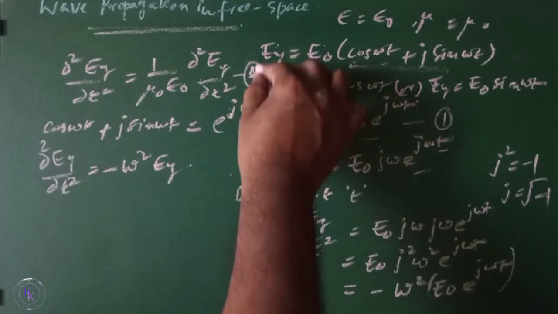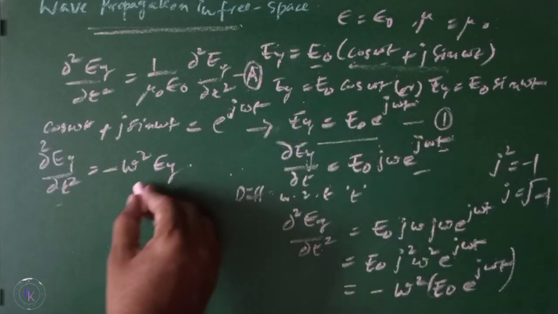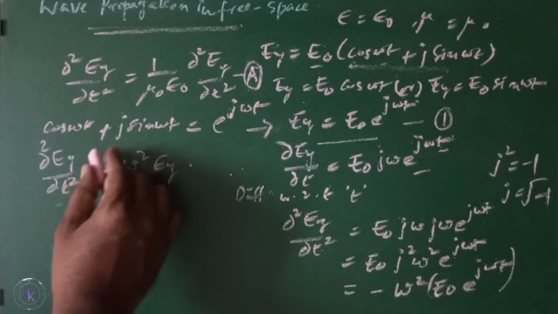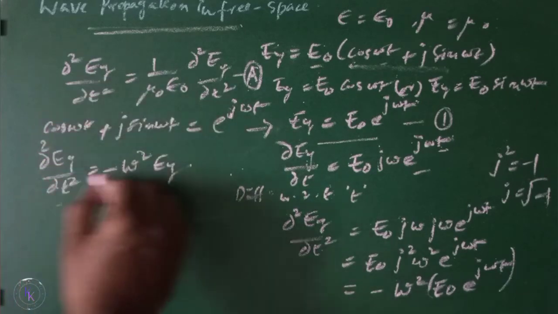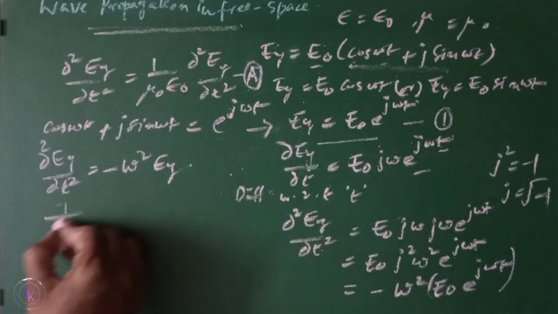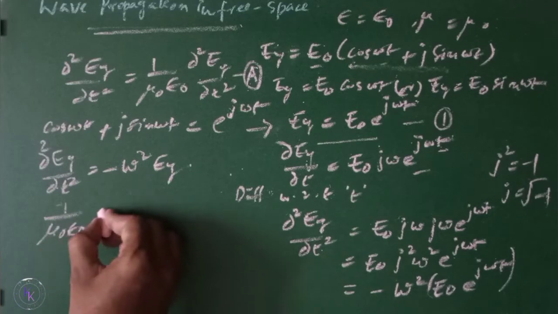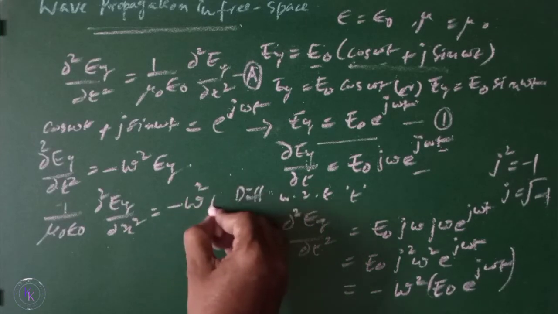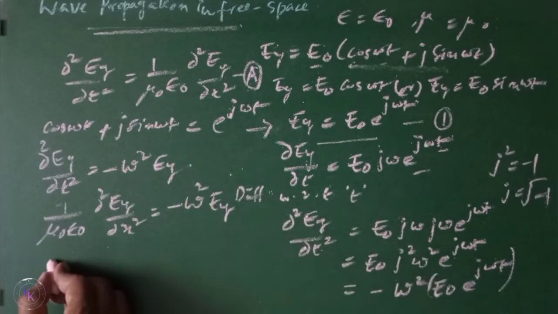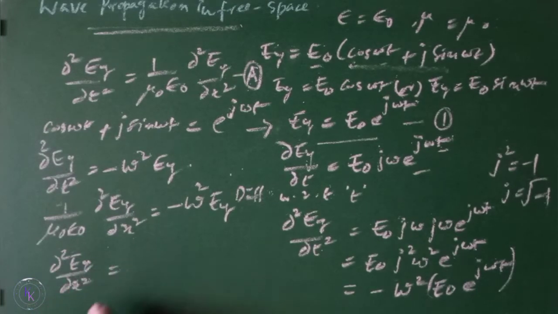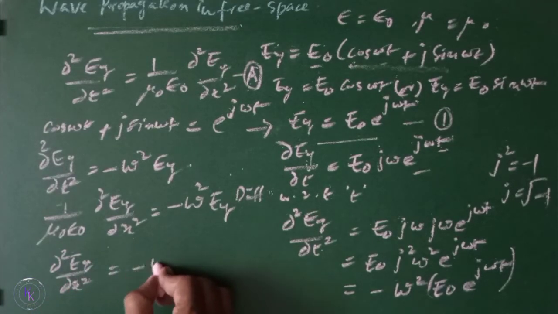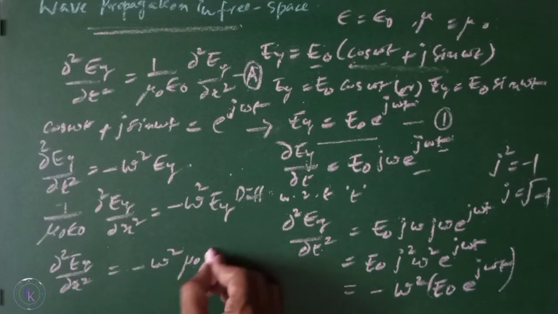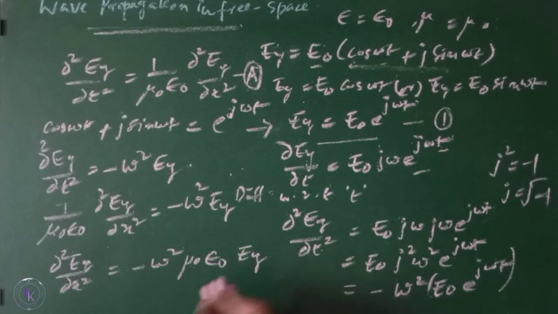Let this be A. When you compare equation A with the earlier equation, the left hand sides are both equal. So 1 by mu naught epsilon naught ∂²Ey/∂x² equals minus omega squared Ey, from which ∂²Ey/∂x² equals minus omega squared mu naught epsilon naught Ey.